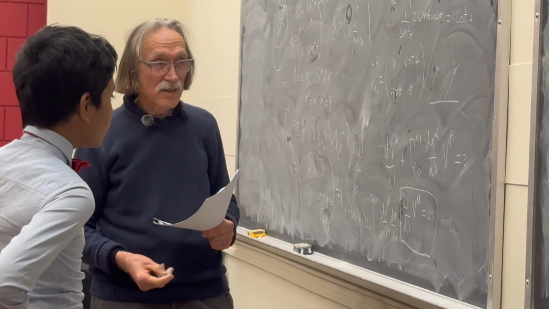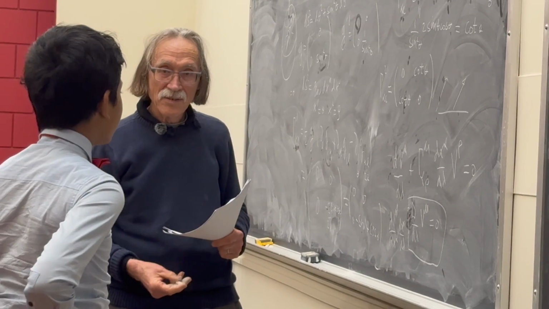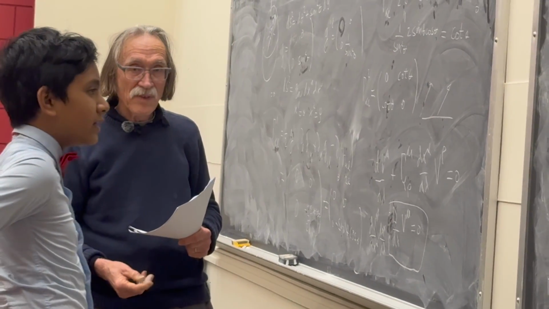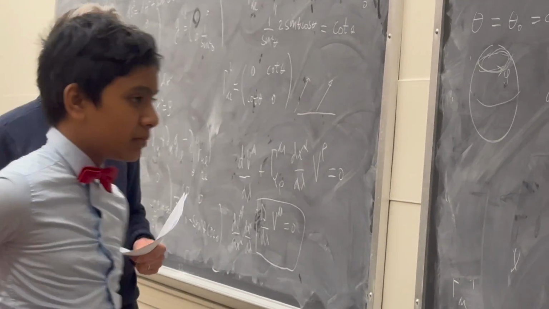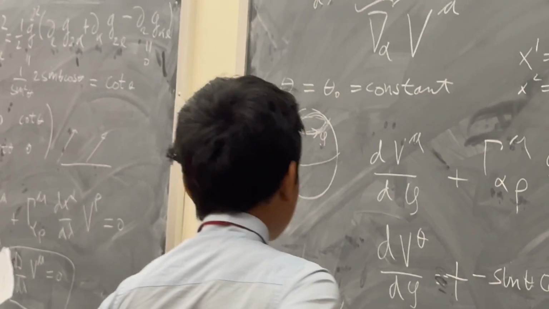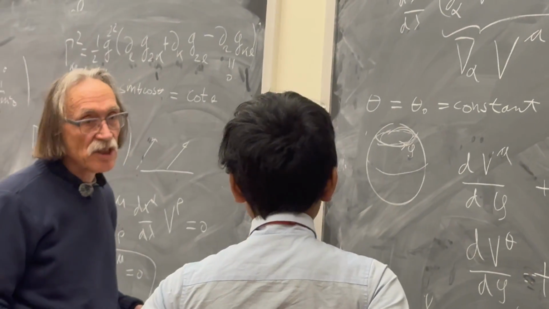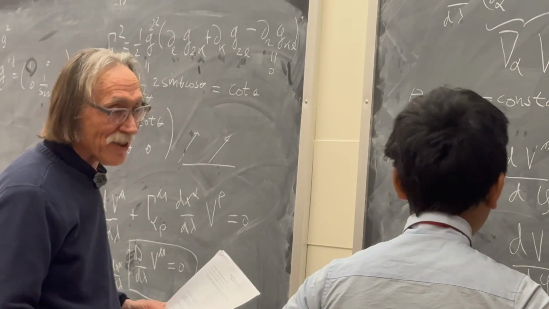So what actually is curvature? Can we define it? Yeah. And can we find it for something like a sphere? Yeah, we can, but that's more work because we have to calculate the Ricci tensor and the curvature tensor.